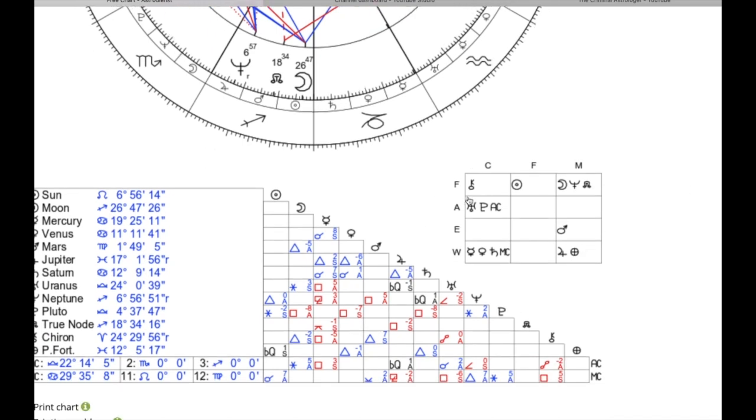This box here just shows us cardinal, fixed and mutable planets, and also fire, air, earth and water. So it puts them in the boxes where we have the most. Now, my predominant chart signature is cardinal water, which is Cancer, because I have Mercury, Venus, Saturn and the MC all in Cancer, although my Sun is a fixed fire sign of Leo.